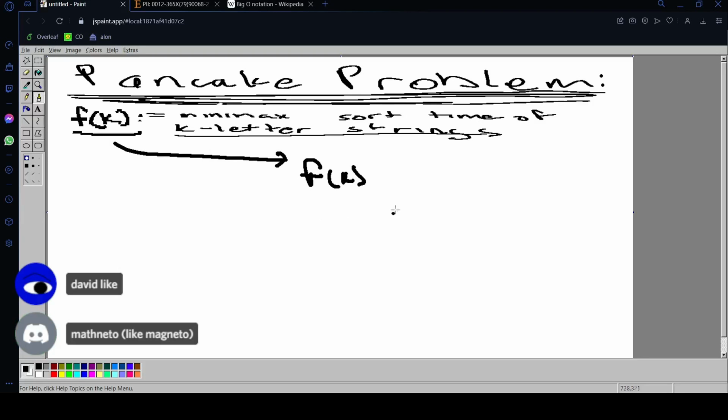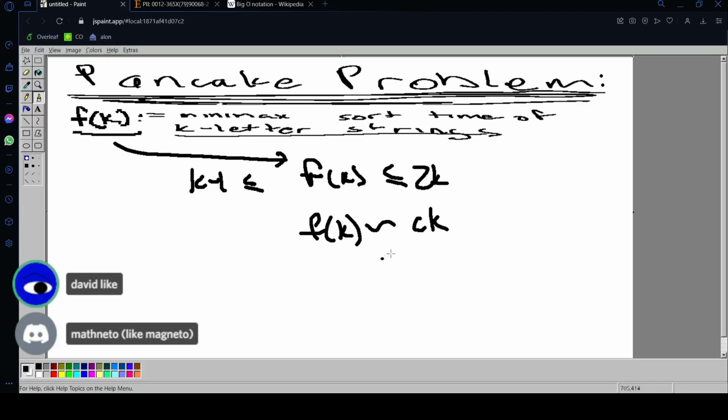We know it's at most 2k, and we know it's at least k minus 1. But we'd expect that f of k is basically some constant times k. And so what's this constant?